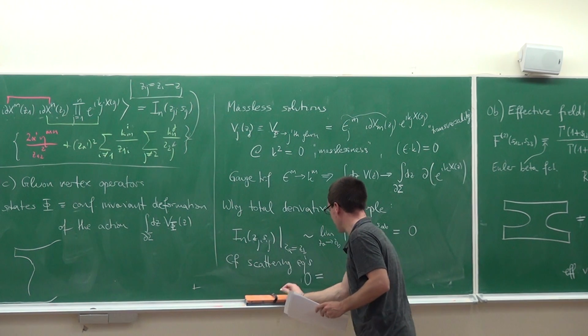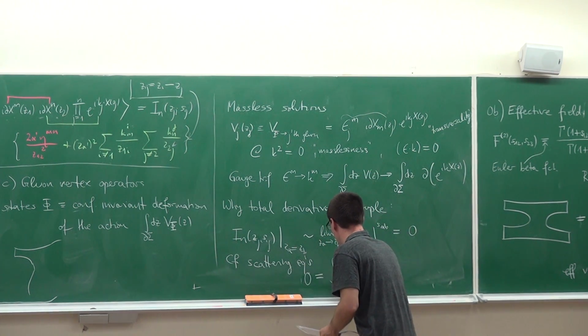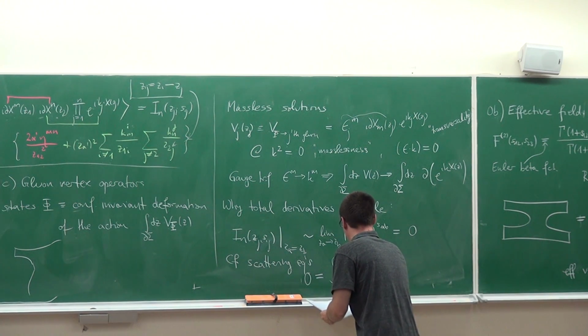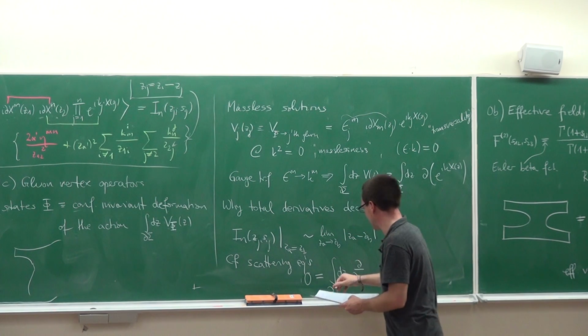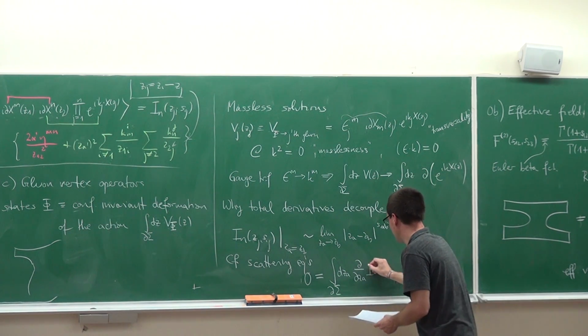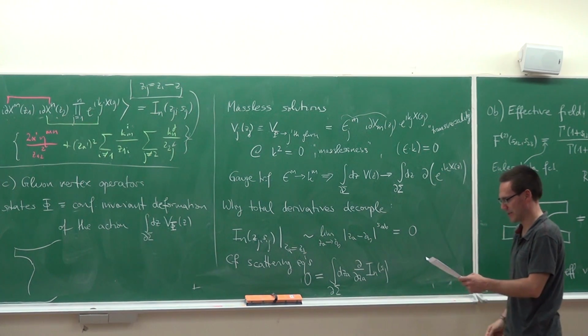Let's look at the particular total derivative which you get by differentiating the Koba-Nielsen factor. Under integration, any such derivative of the Koba-Nielsen factor decouples.